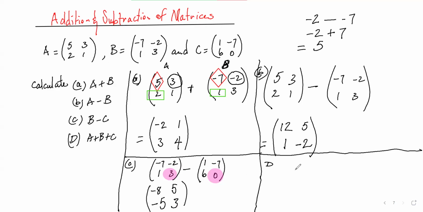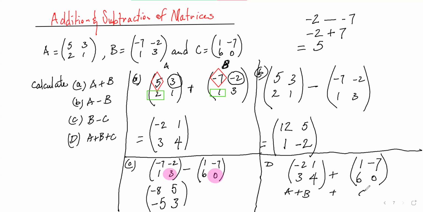And the last one, A plus B plus C. Well, we already worked out what A plus B was, which was negative 2, 1, 3, 4. So we add in C, which is 1, negative 7, 6, and 0. So this is already A plus B, and now we are adding it to C. How much is that? Go ahead, put your answer in the chat.